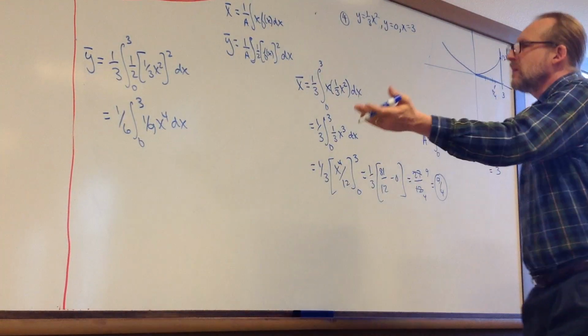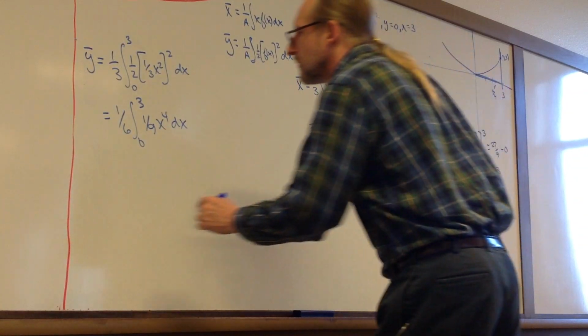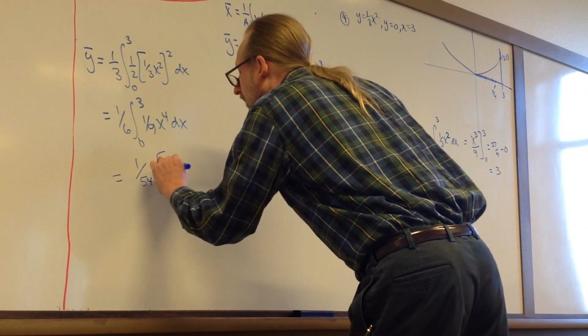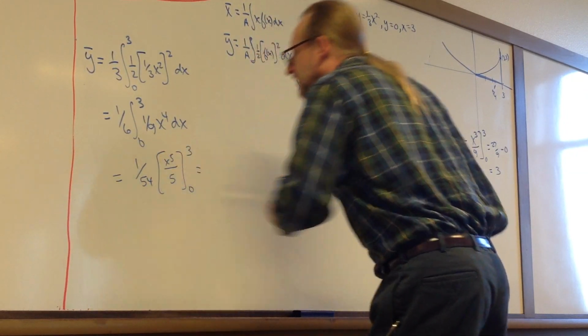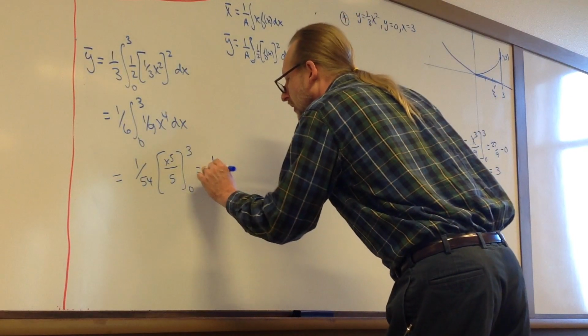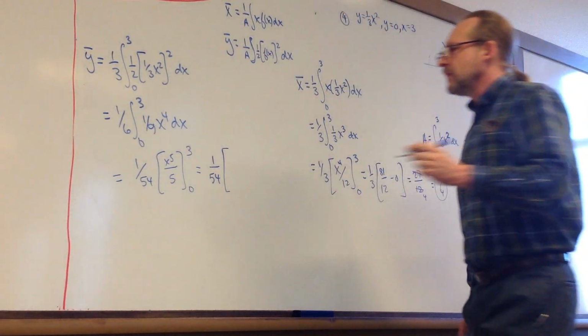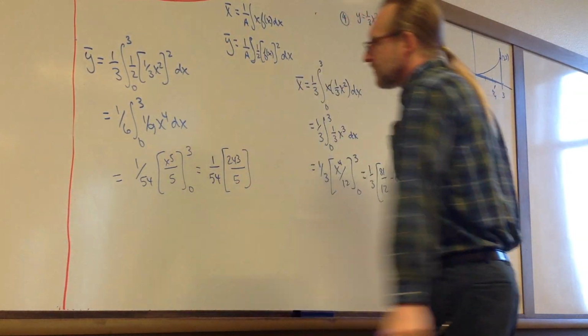And you can keep that 1/9 in there, or you can pull it out with the 1/6, however you want to go about doing this. I think I'll move it outside, 1 over 54, and then I'll just have the x to the 4th to integrate, so that'll be x to the 5th over 5. So 1 over 54, let's see, 3 to the 5th is 243 over 5.